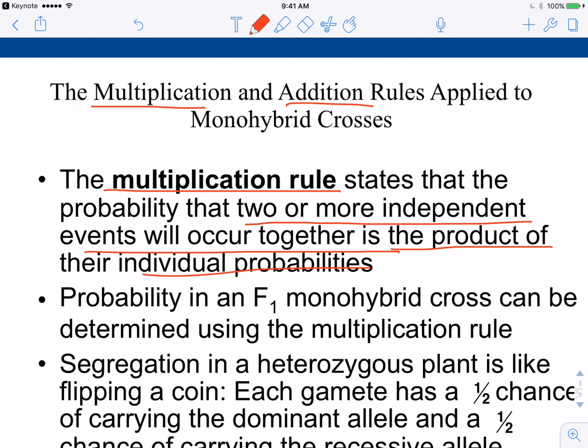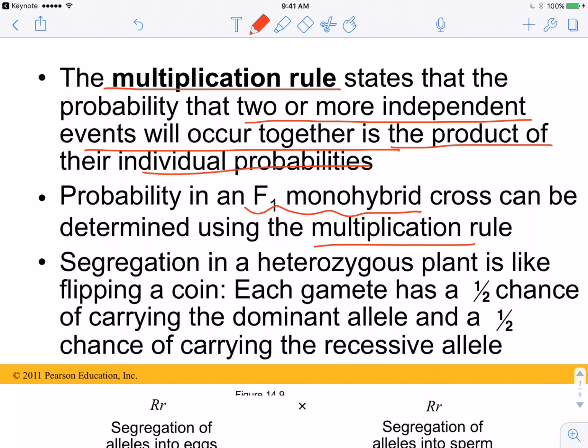Okay, so you can look at getting a certain genotype in an F1 monohybrid cross, that can be determined using the rule of multiplication. Okay, and again, segregation is like flipping a coin because each gamete has a 1 out of 2 chance of carrying a dominant allele and a 1 out of 2 chance of carrying a recessive allele.